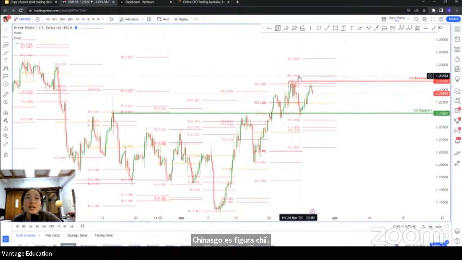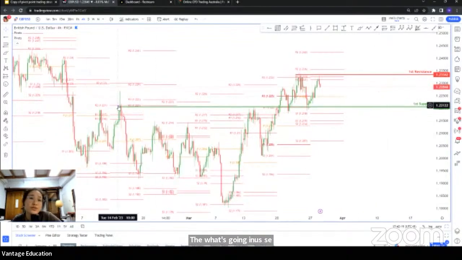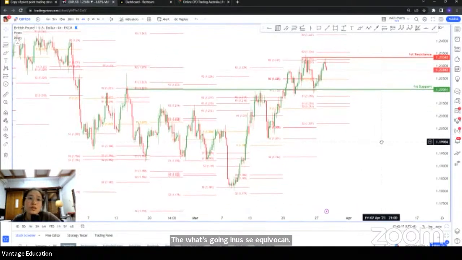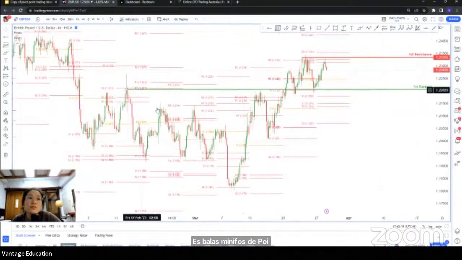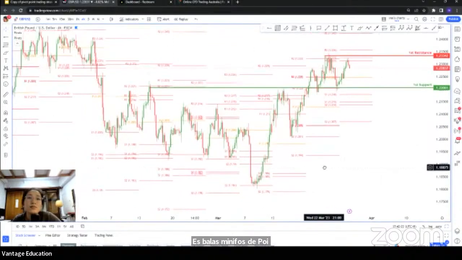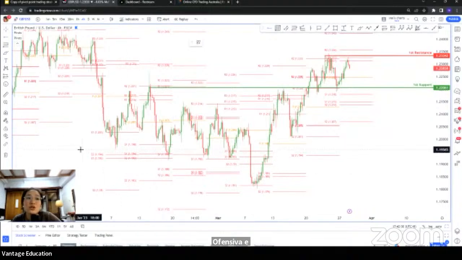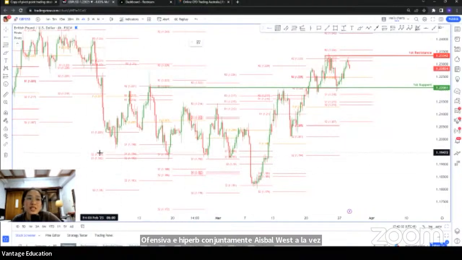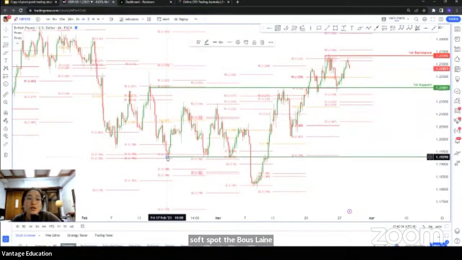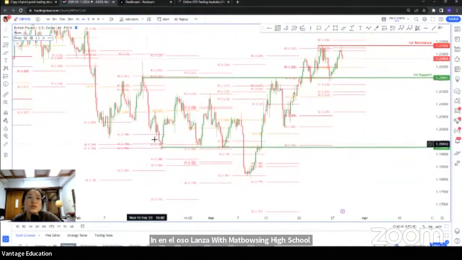Okay, once again, you see a couple more levels lining up with my first resistance as well as my first support. Over here, you can see a pretty big confluence area as well, with all of the support levels lining up. And it also lines up with multiple swing lows.